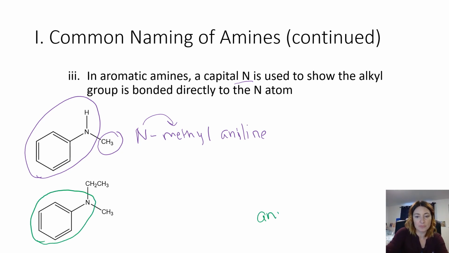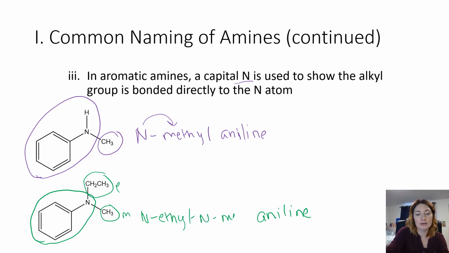And now we just worry about alphabetizing the other groups and then also being sure that we state, rather than the position of the group in the carbon chain, we're going to designate that it's coming directly off of the nitrogen. So we have a methyl group and we have an ethyl group. E comes first, so that's what I named first. So N-ethyl-N-methyl aniline is our name.